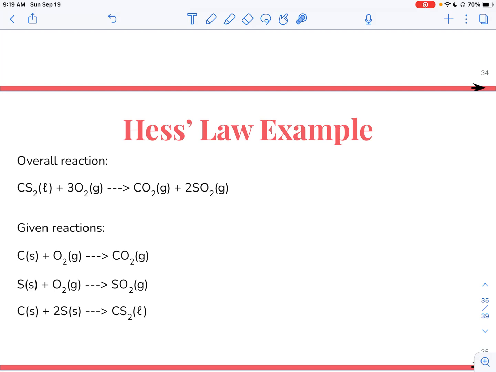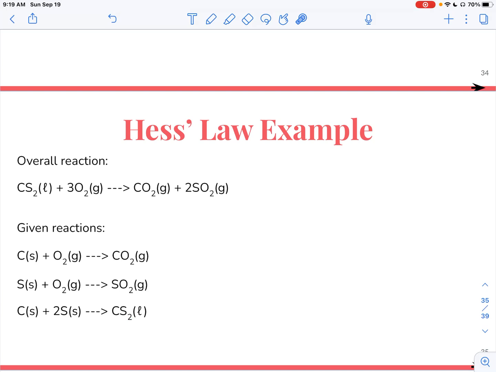All right, so here, what we want to do for Hess's law is take these given reactions, which would usually have a number attached to them, and we're going to manipulate them to get this overall reaction.